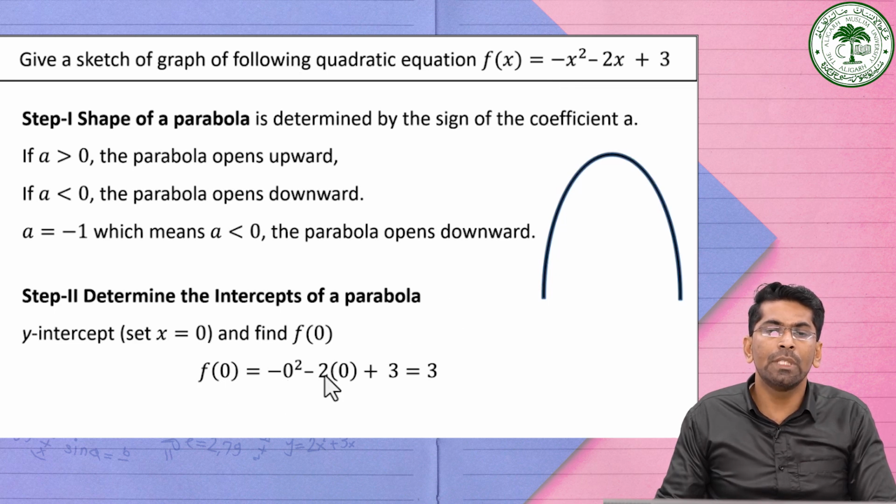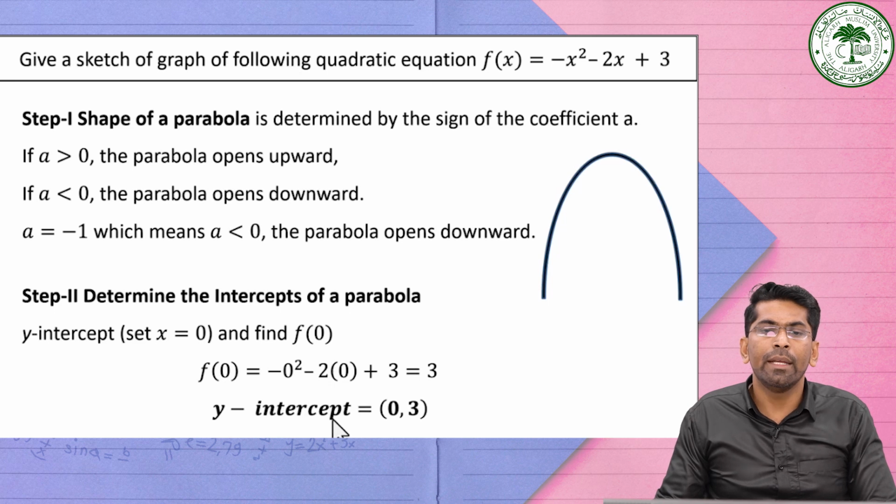Then f of 0 is equal to minus 0 square minus 2 into 0 plus 3. All these terms become 0, so f of 0 is equal to 3. So the y-intercept here is (0, 3), which means that when x is equal to 0, the value of y is equal to 3.